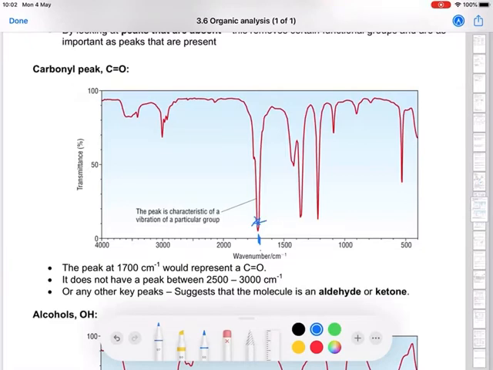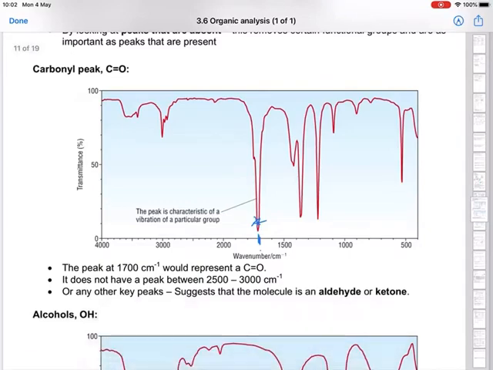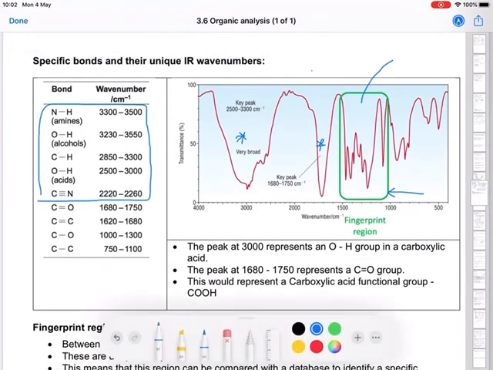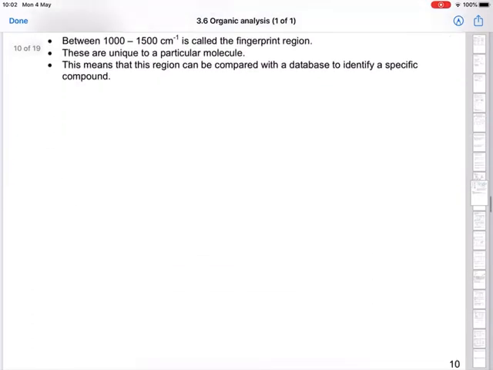And here's how you would word it in an exam question. You'd say, there is a peak at 1700, which falls between 1680 and 1750, which means we have a carbon-oxygen double bond, which of course, if you remember, we call a carbonyl.